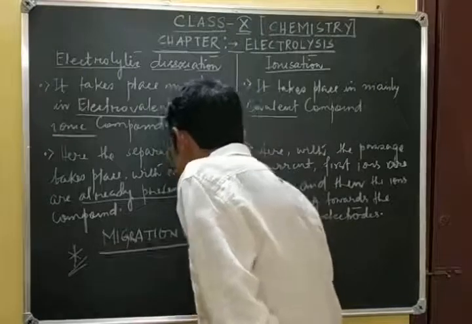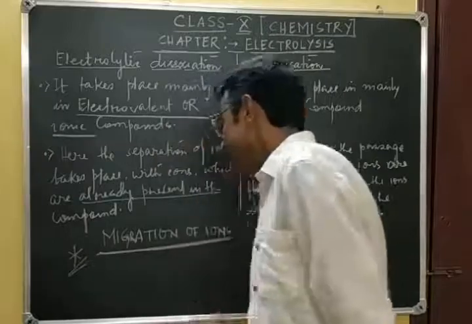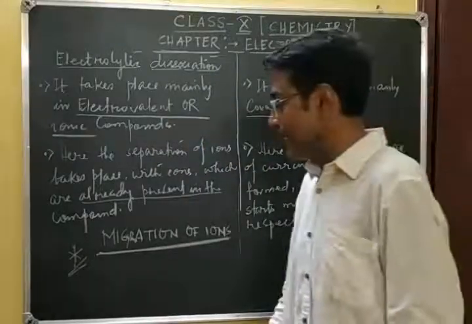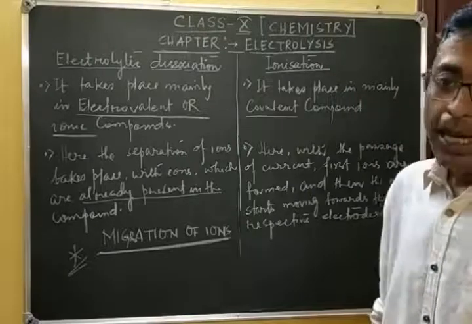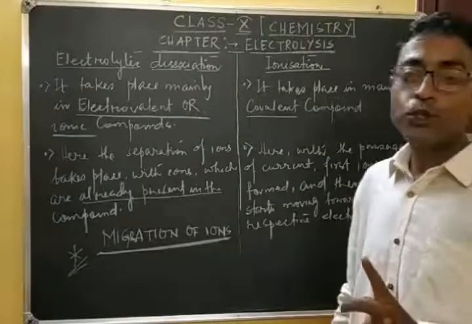Remember this, it will help you in all classes including class 10. Anions always move towards the anode and cations always move towards the cathode.